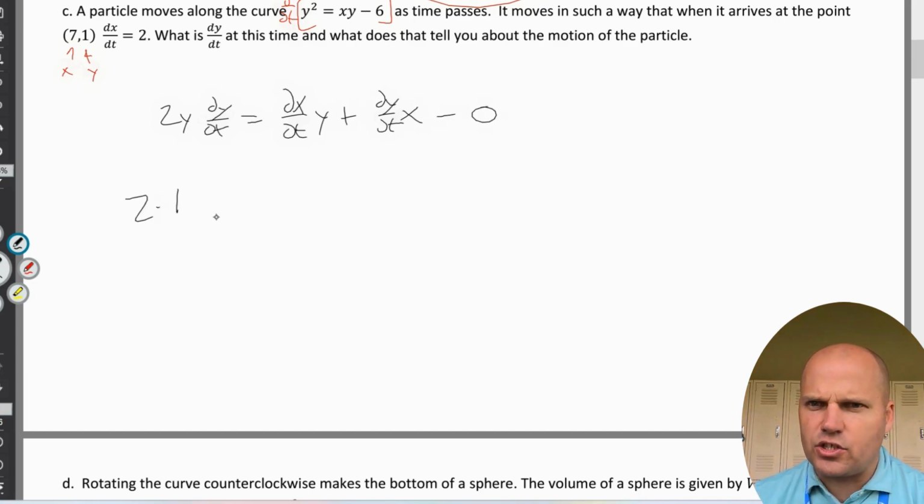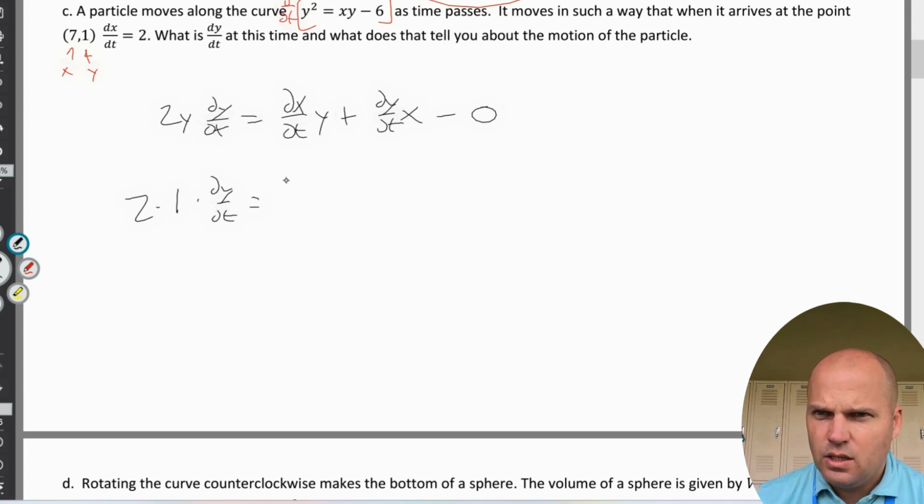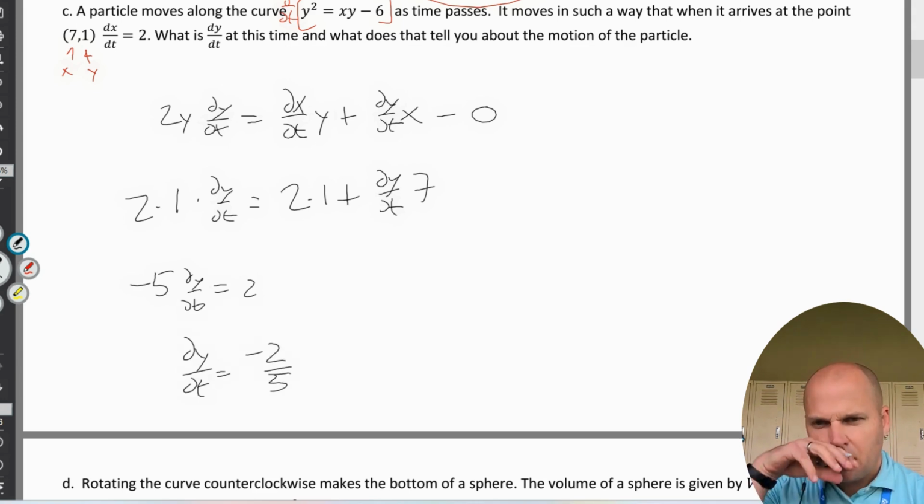I'm going to start substituting everything in, and then I'll solve for dy/dt in a second. dx/dt is 2, y is 1, x is 7, dy/dt is what I'm trying to find. So I'll get negative 5 dy/dt equals 2. I'll get dy/dt equals negative 2/5.